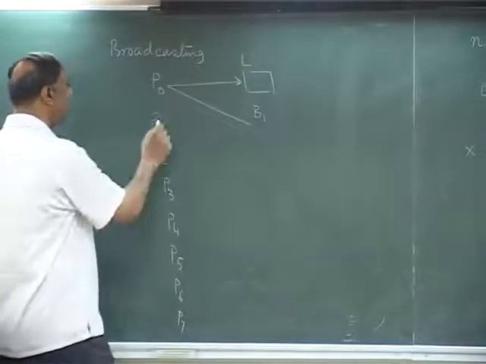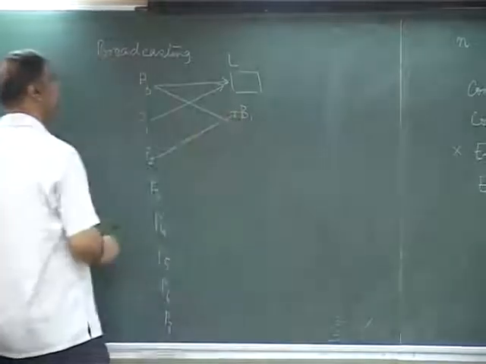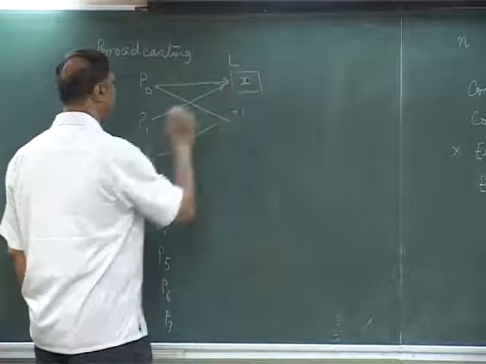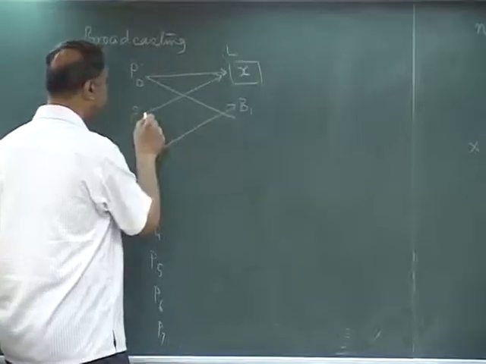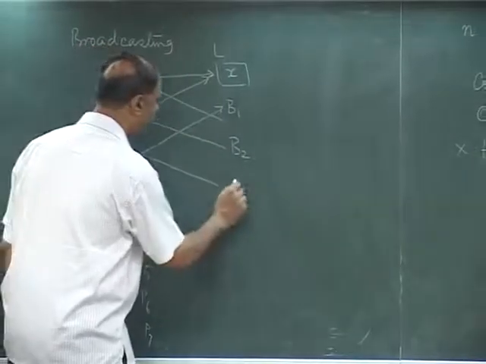Now P1 reads L, P2 reads B1 simultaneously, and write into the locations B2 and B3.